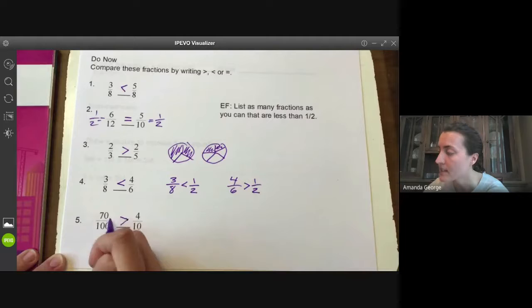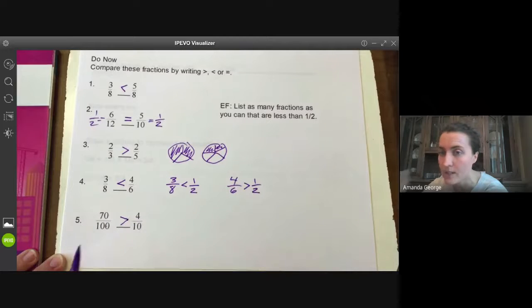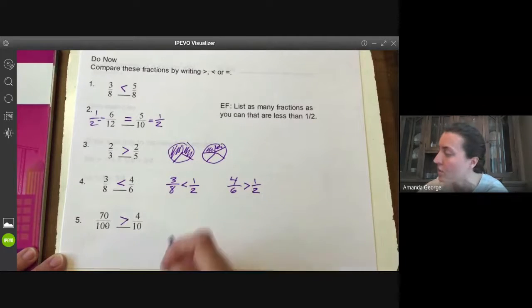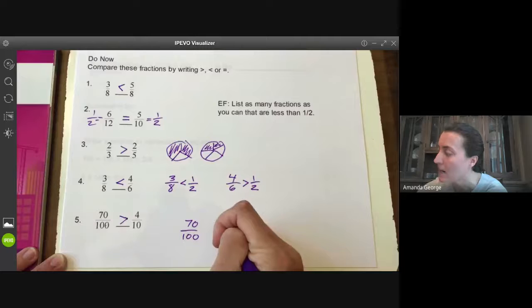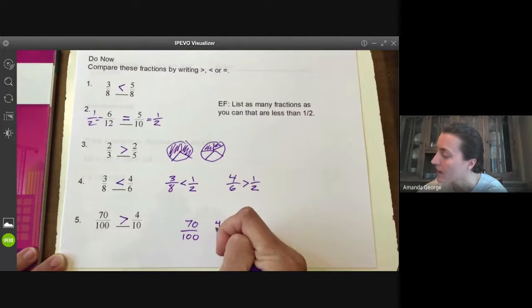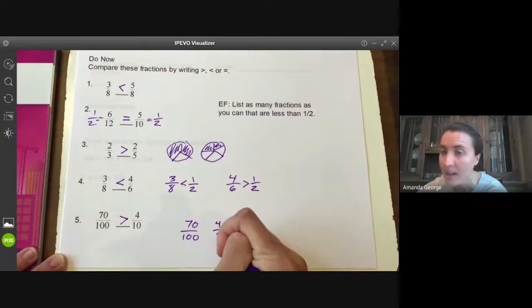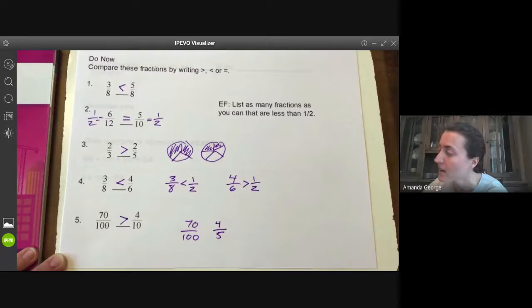Okay. So you are correct that 70 hundredths is greater than 4/10. But I want to check on one thing you said. We have to be careful. You can't just look at the numerators, and let me show you why. If I had 70 hundredths versus 4/5, you might say, oh, 70 is greater than 4.